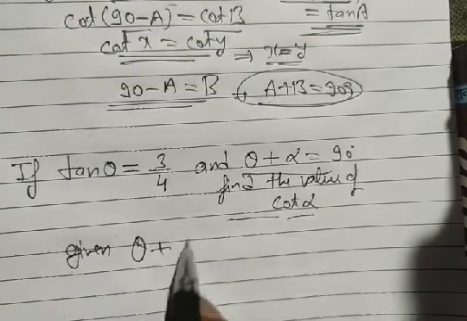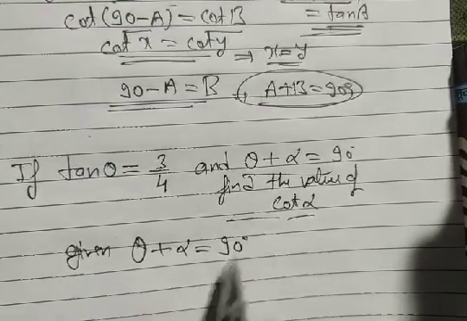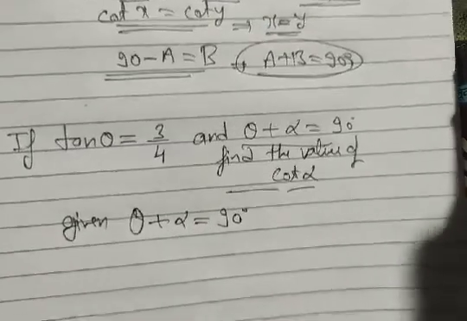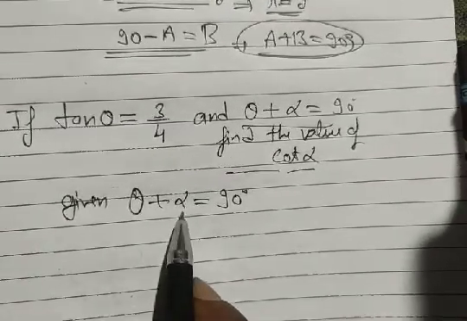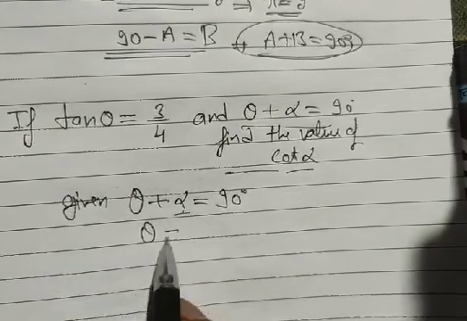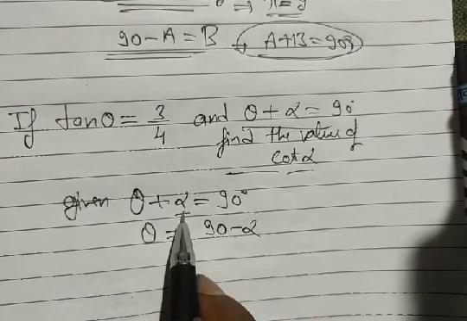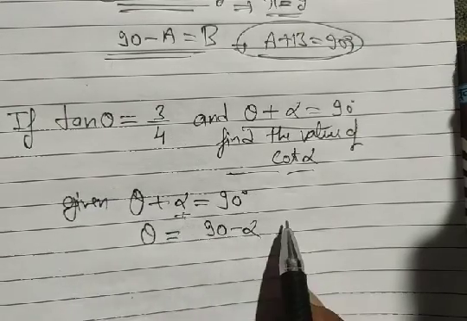We have given theta plus alpha equals 90 degrees. Then our theta is equal to 90 minus alpha, shifting alpha to the right hand side.